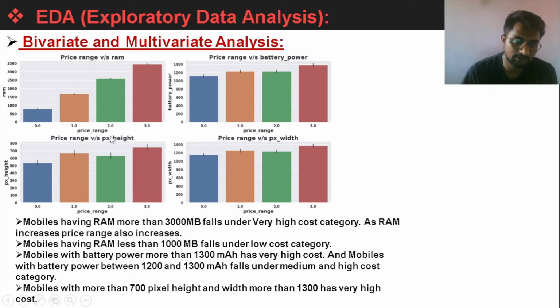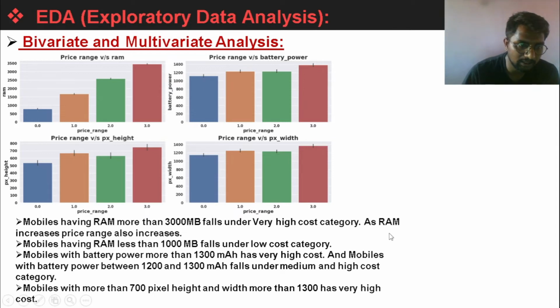Next, these are the bar charts for the price range versus RAM, price range versus battery power, price range versus pixel height and price range versus pixel width. So mobiles having RAM more than 3000 MB fall under the very high cost category. Here we can see the first bar plot in which the red candle indicates the mobiles in the very high cost category having RAM more than 3000 MB.